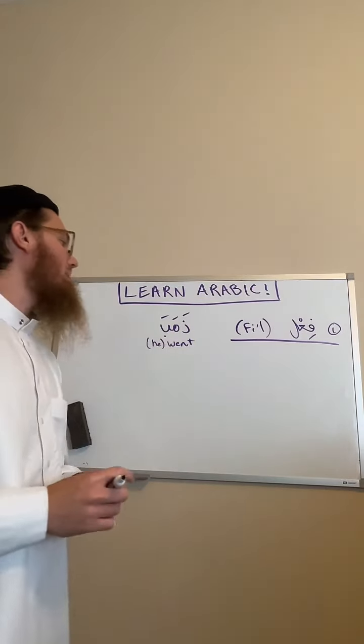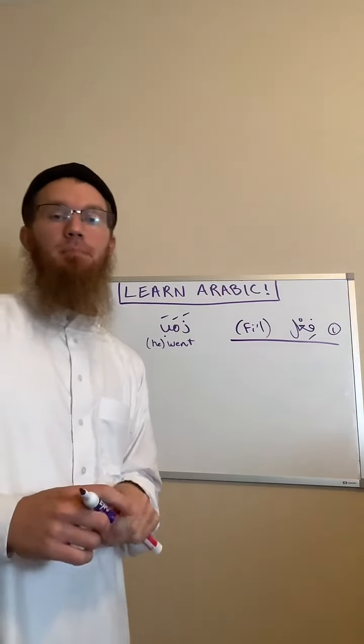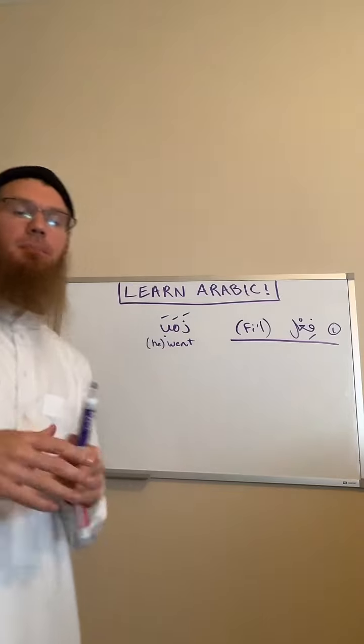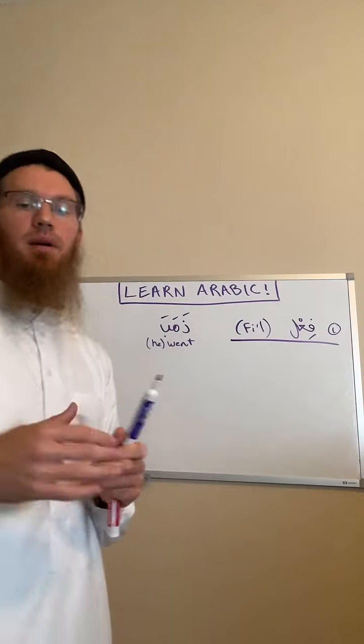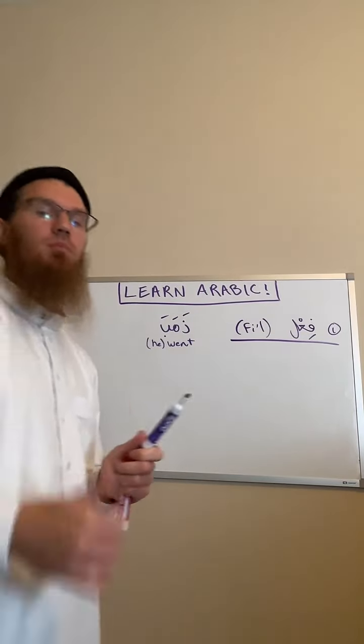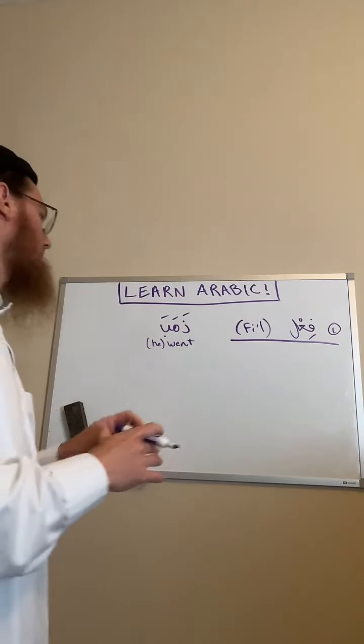What's the relation to time? What's the tense? Is it the past, present, or future tense? If Muhammad went somewhere, he went, ذهب. When did he go somewhere? In the past. So this has a relation to time and it has a complete meaning.